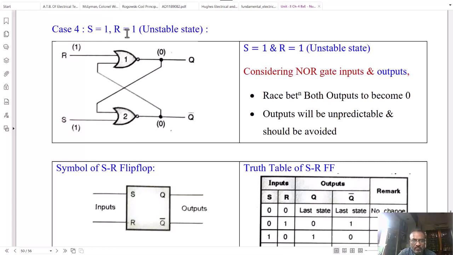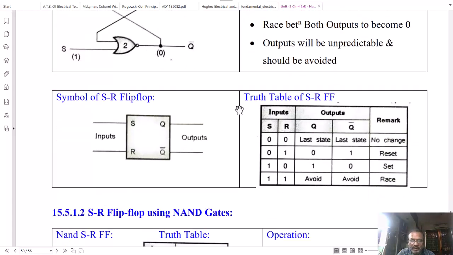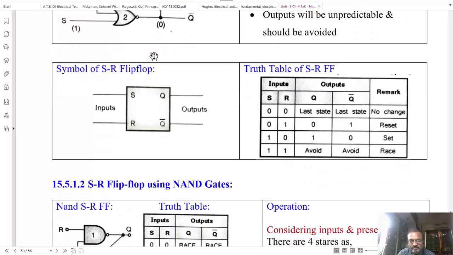This should be avoided. Otherwise, the circuit goes into the race around condition. Both outputs try to become one, and that is not possible. Therefore, when S and R inputs are both 1, this condition should be avoided in practice.